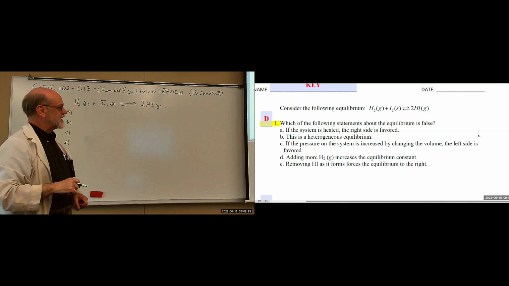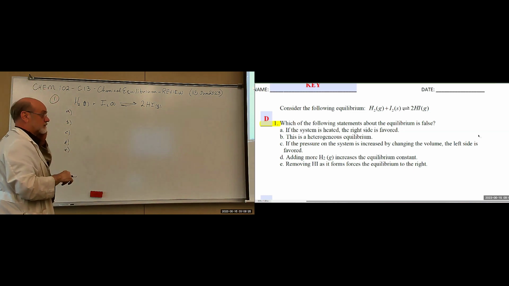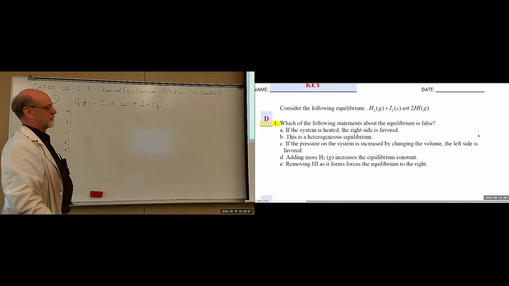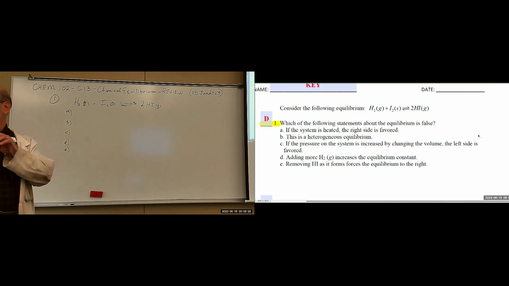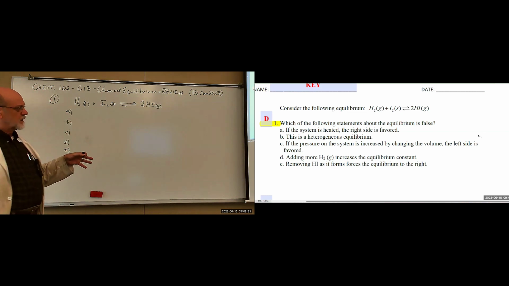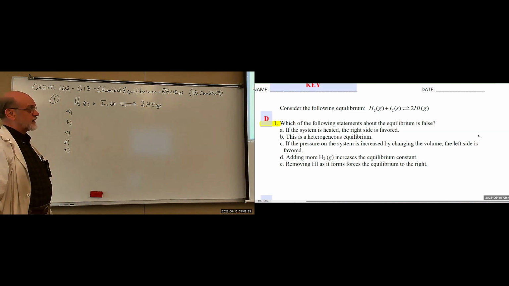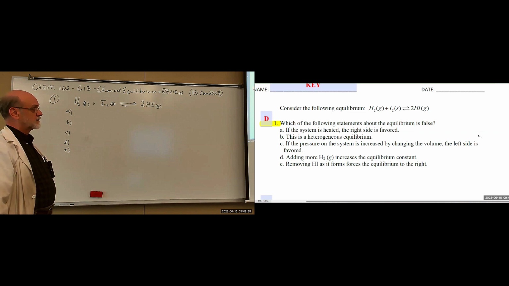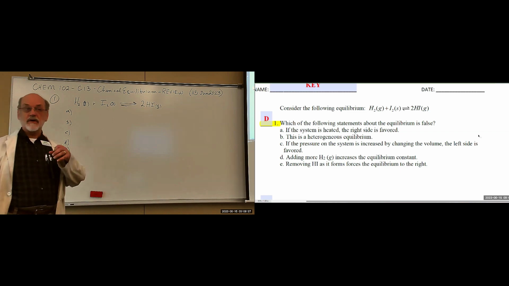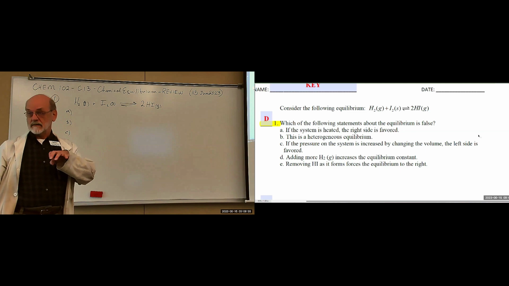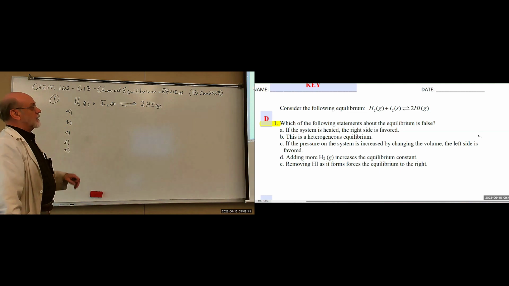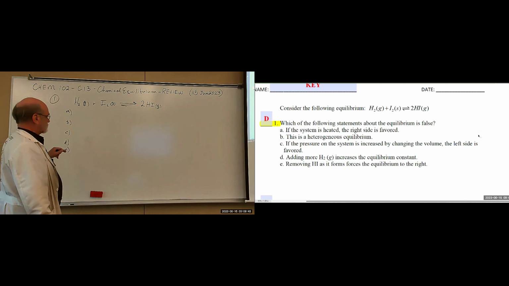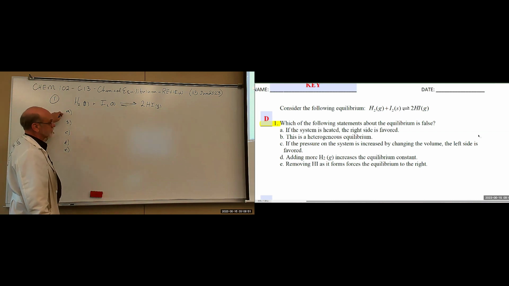If the system is heated, the right side is favored. Now, based on what we covered 2 days ago, there's no way to tell. Right? Not based upon exothermic, endothermic. So we have to make some assumptions in order to determine whether this is true or false.